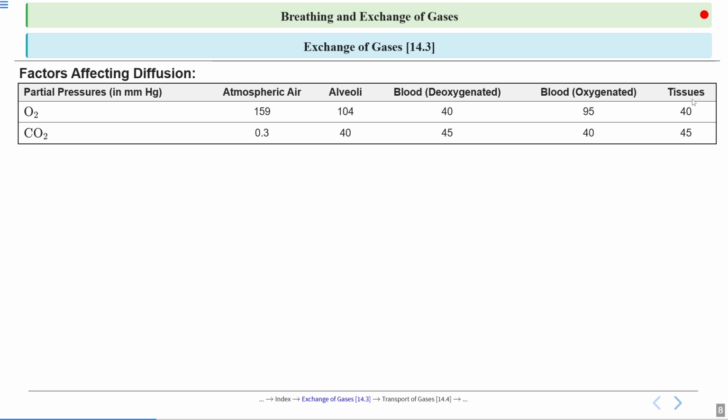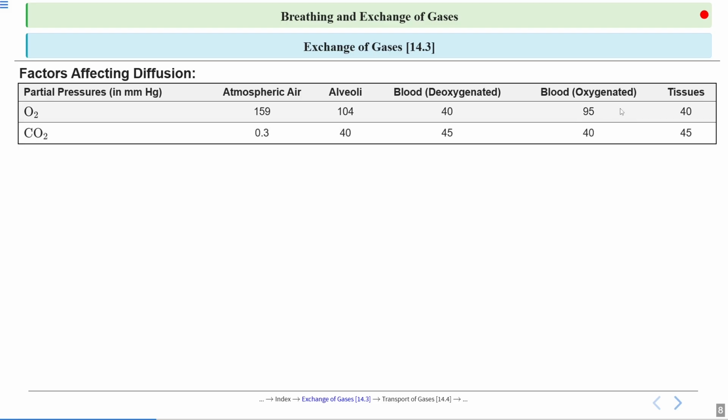Now see the tissue. Tissue is having 40. Oxygen is used, but still some oxygen is left there. But the oxygen which has been given by the blood, the oxygenated one, has been used by the tissue for the process of respiration, and it reaches oxygen 45.